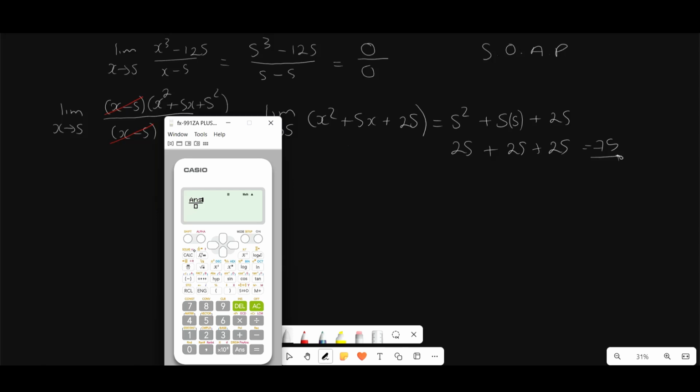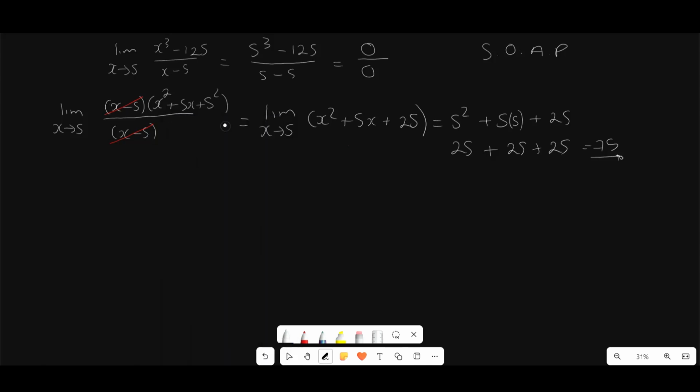If I say answer cubed minus 125, all divided by the answer minus 5, then we get a value of 74.85, which is very close to 75, right?